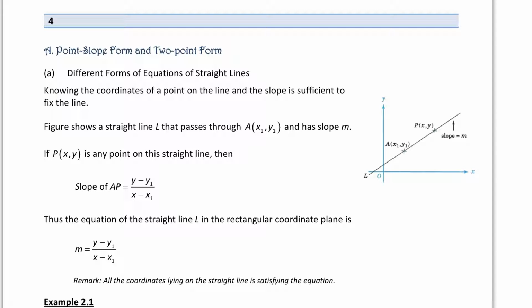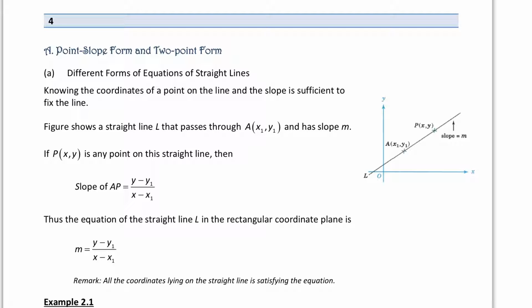Okay, let's start our first video on the equation of a straight line. The main difference between junior form and senior form is that in junior form, maybe I give you the equation of a straight line, and you need to determine whether a point is on the straight line or not. Or if I give you 2 points, how to find the slope.